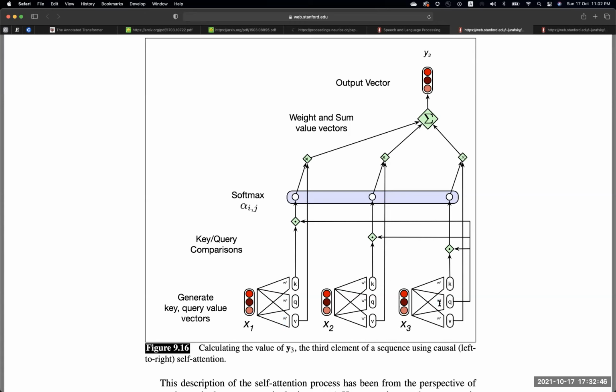We multiply it with the query weight, and then we multiply the embeddings with the keys produced using the WK weights. After the dot product you get a row vector or column vector, and then you do a softmax over it. Once done with the softmax, you multiply the value of each with its weight, and then finally give the output.